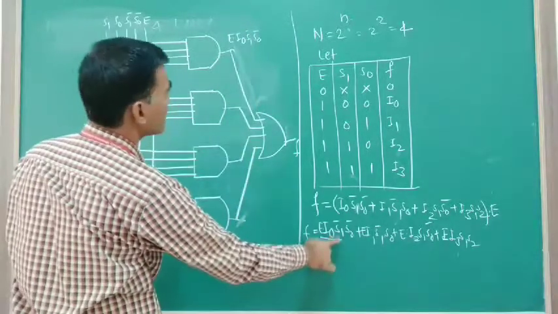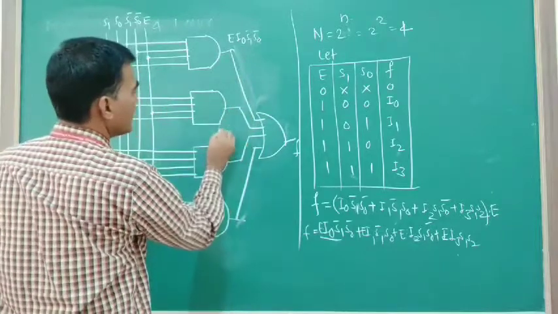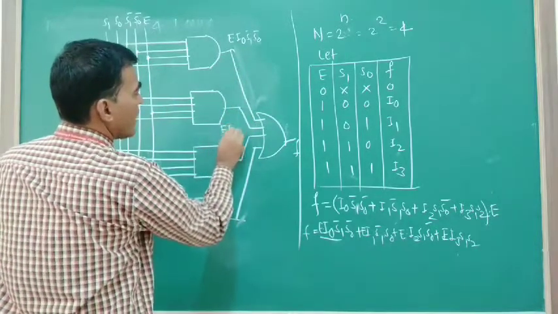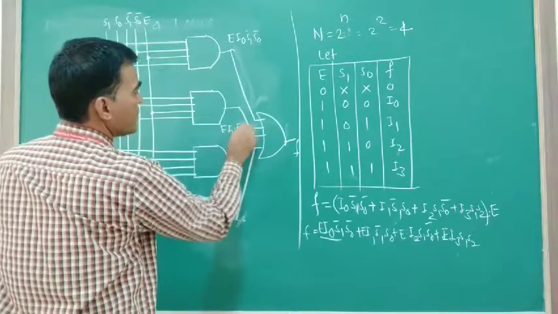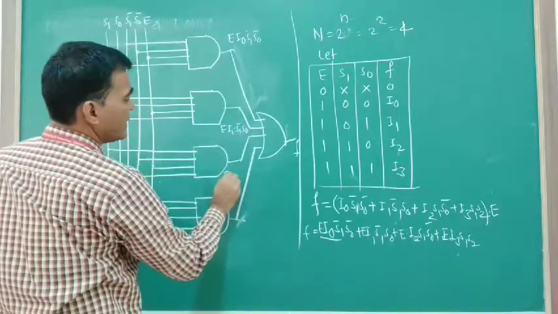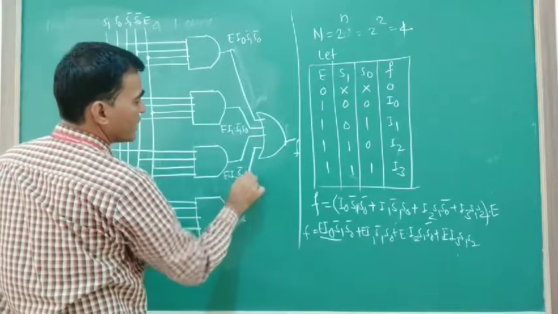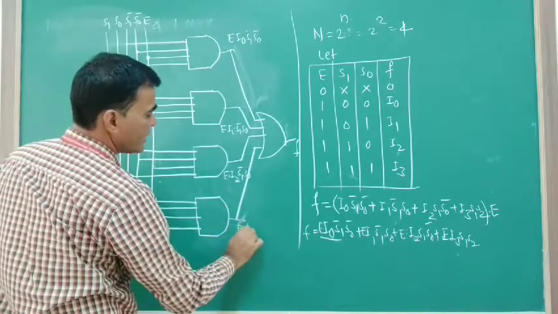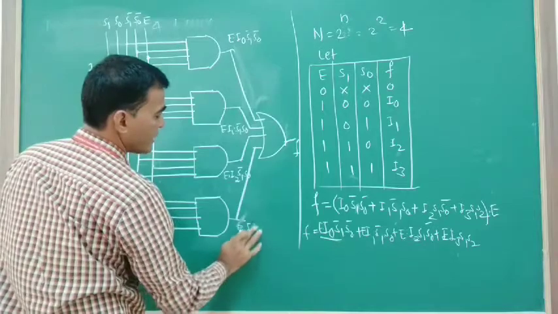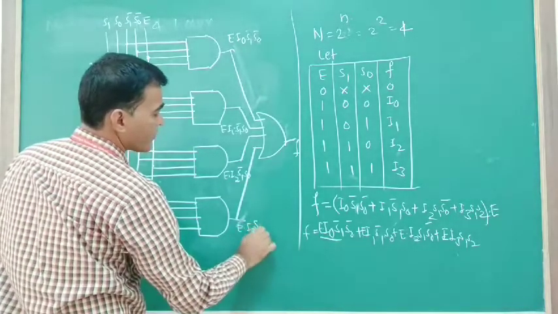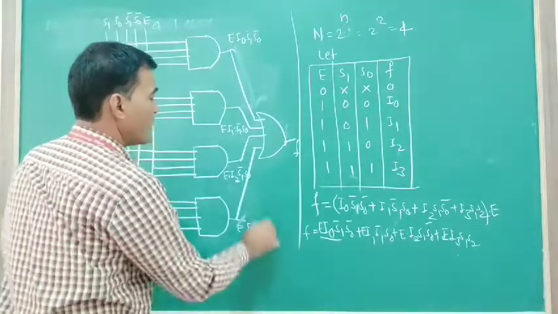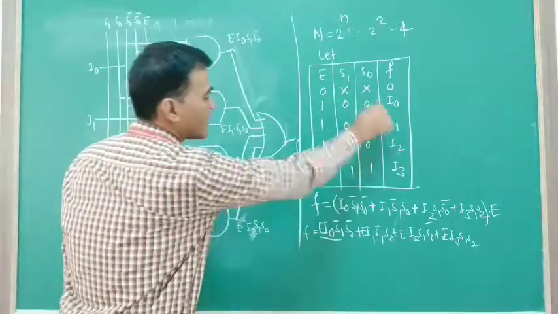This is nothing but the first output. Here we will get E, I1, S1 complement, S0. Here we get E, I2, S1, S0 complement. And here we get the output E, I3, S1, S0. And these are all added and finally we get the output.